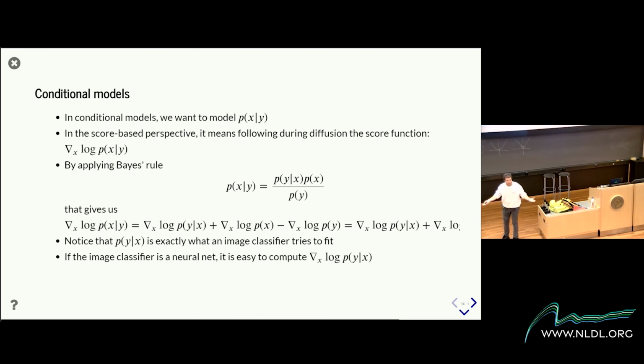This is exactly what an image classifier is trying to do. So we can think of it as an image classifier, and if the image classifier is a neural network, then it's very easy to compute the gradients, right? Because neural networks are differentiable. So this term actually is not so bad. It's quite easy to compute.